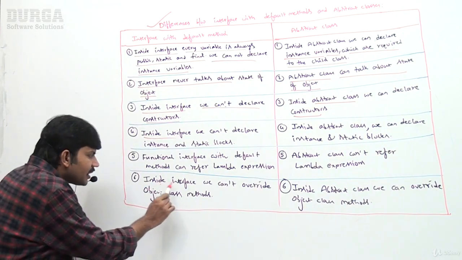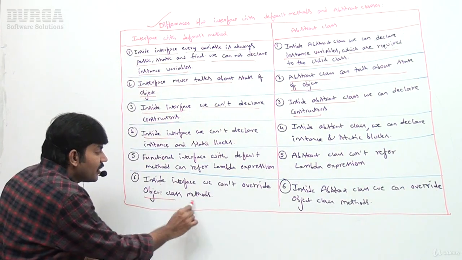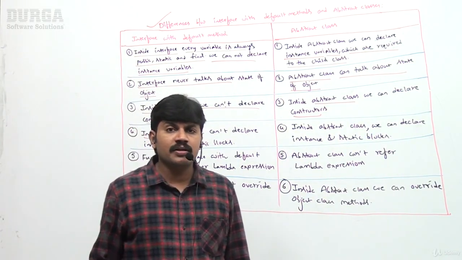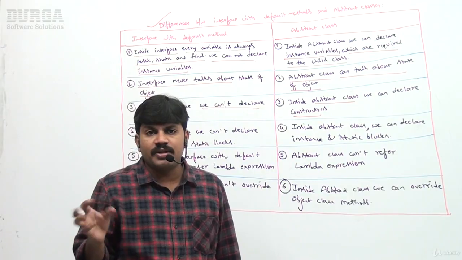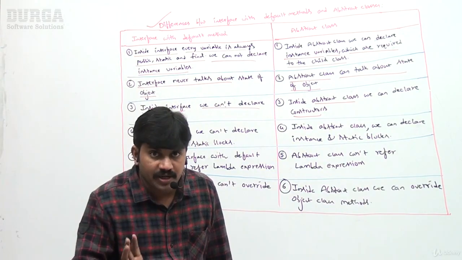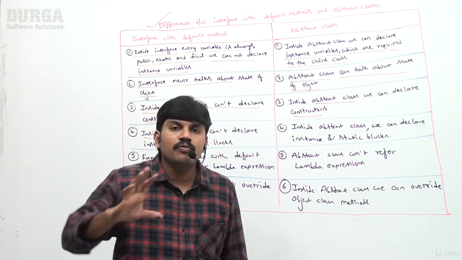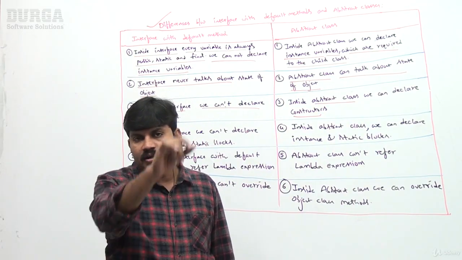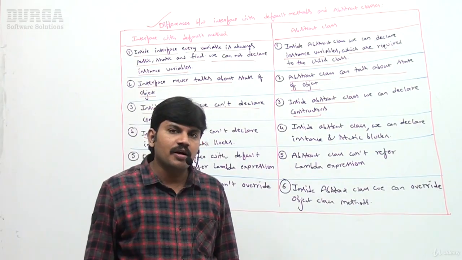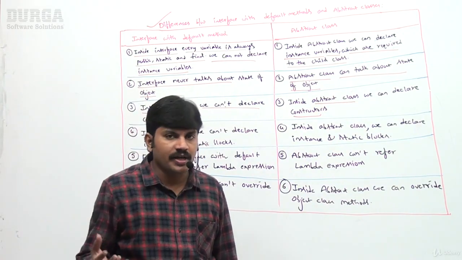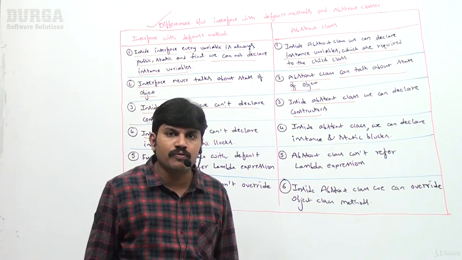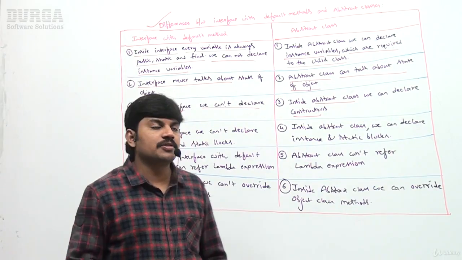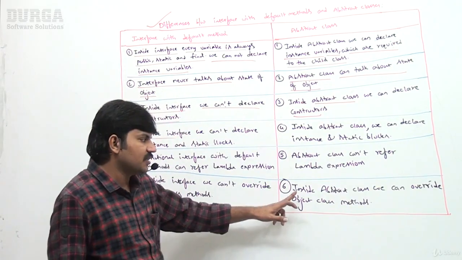Next, inside an interface we can't override Object class methods. Have you remembered, right? Sir, in an interface, if I take an Object class method as a default method, immediately we are going to get a compile-time error, sir. We can't override Object class methods inside an interface as default methods. But in an abstract class, any method of the Object class we can happily override. The hashCode method you can override, the equals method you can override, the toString method we can override, no problem at all, sir. Have you observed?